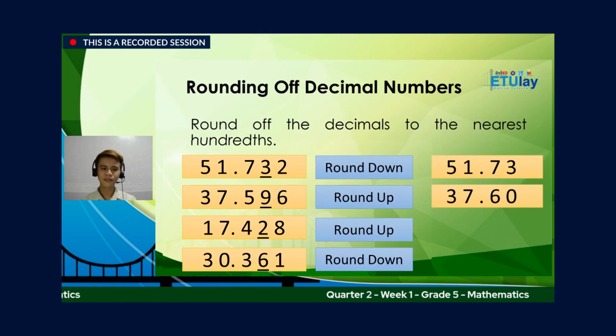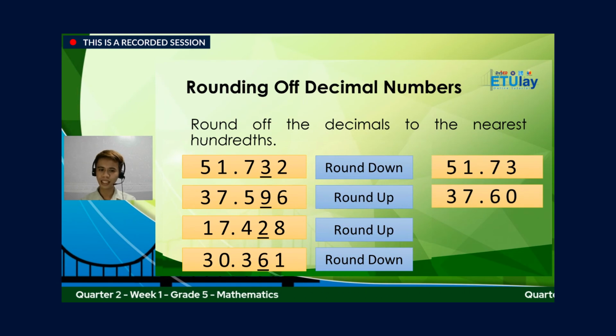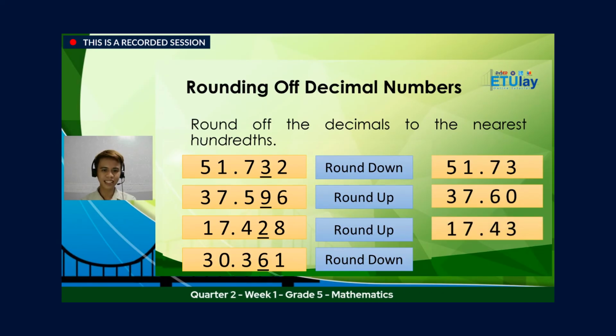Next, 17 and 428 thousandths. And we need to round up. What will be our answer? And if your answer is 17 and 43 hundredths, you are doing wonderful. Next, 30 and 361 thousandths.